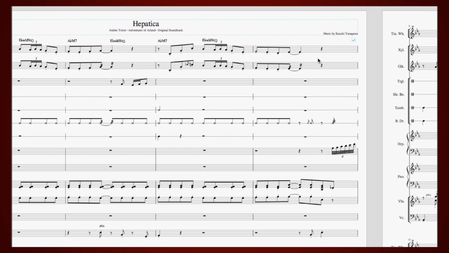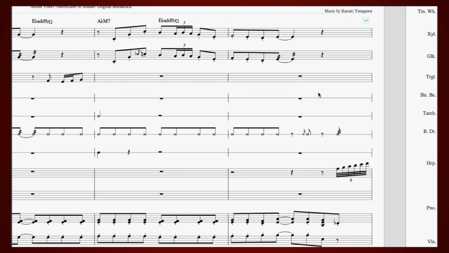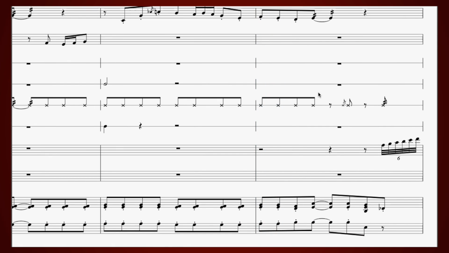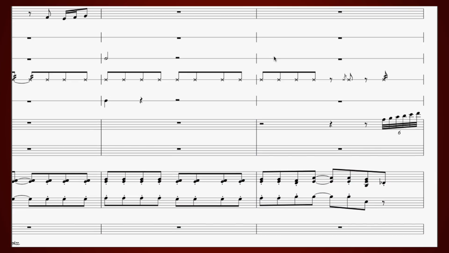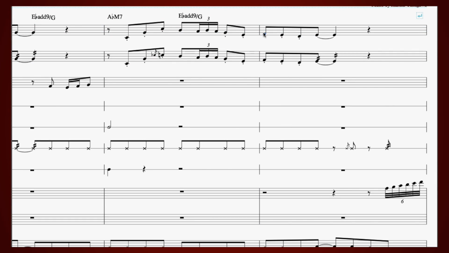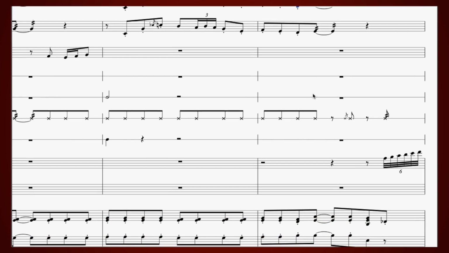Over here, we have something really interesting. There are a lot of chords changing very quickly here. So we have another A flat major 7, and then one chord that hits right here.